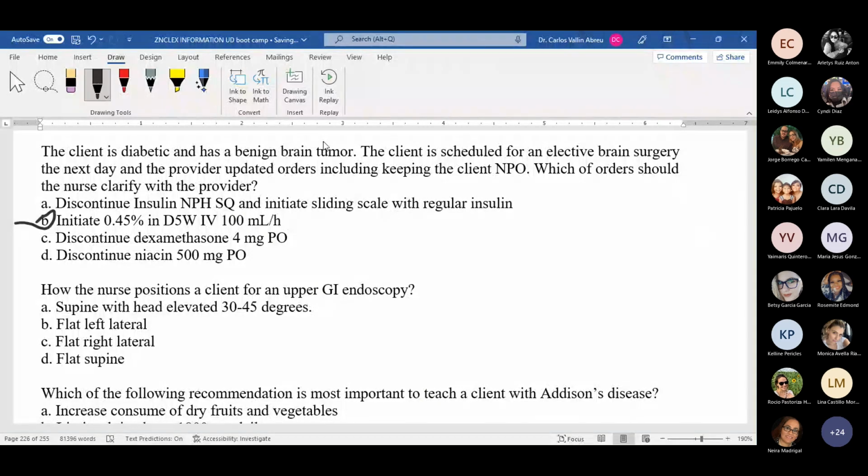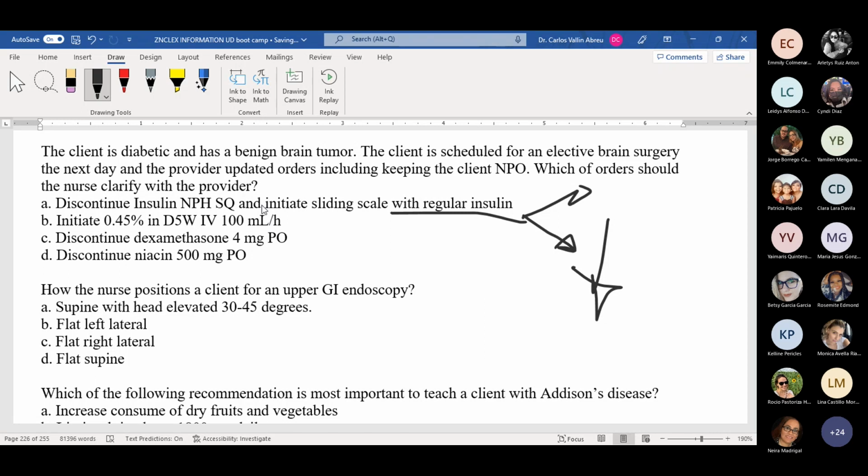Is it indicated to do this change in a patient going to surgery? Yes, because diabetic patients usually need more insulin when they receive surgery, when they are under stress. What is the biggest risk of a patient receiving insulin and going to surgery? Hypoglycemia. So the biggest risk is hypoglycemia.